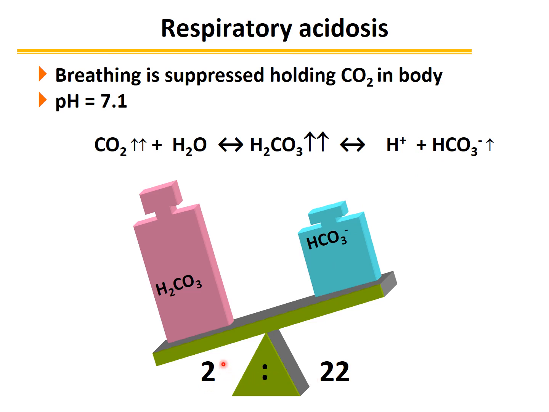As you see here, now we have 2 units and we have 22. So relatively, the ratio is a little bit increased. This is why the pH is going to decrease. We have more hydrogen produced, and the pH is the negative logarithm of the hydrogen ion concentration. This is why we have an acidemia.